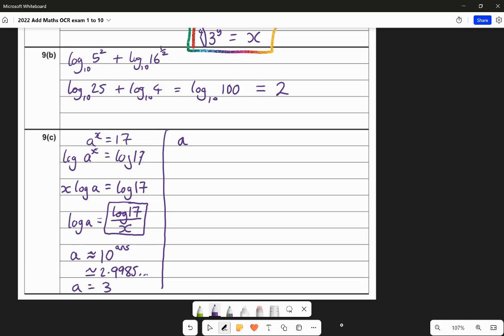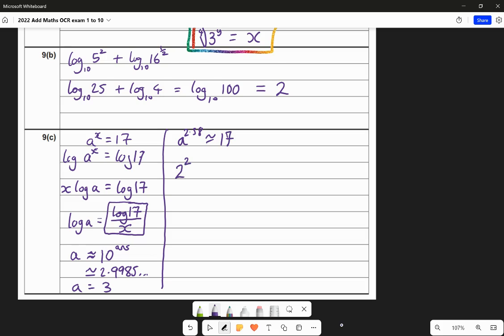So if I just write a to the 2.58 is approximately 17, and I try different values. I know it's a whole number because it told me that.